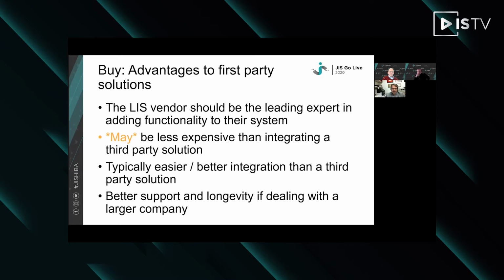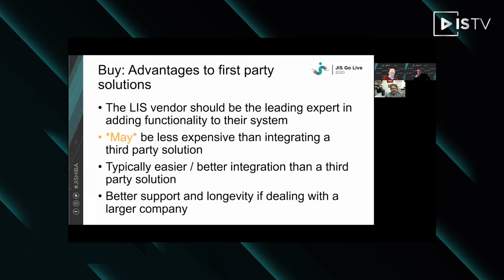Typically, it's an easier or better integration than a third-party solution, again, because the product should have been built to integrate with their LIS. And typically, LIS companies, some of them, I should say, are very large companies, and you can expect perhaps better longevity. If your first party is a large LIS vendor, they're not going to disappear from you 2 years after implementing this solution, which sometimes happens.